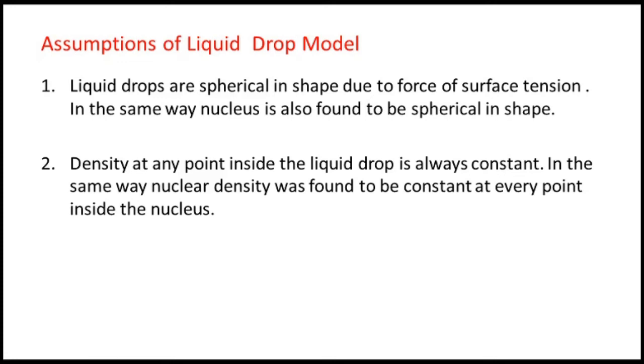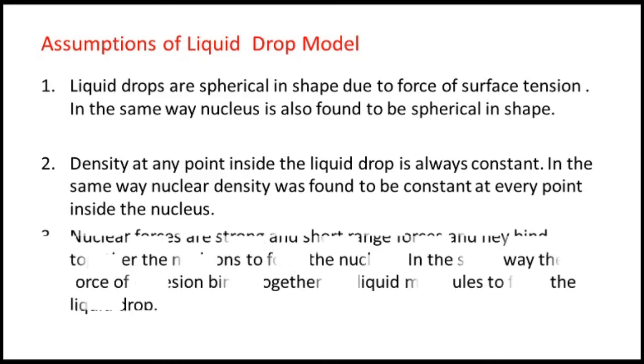It is nearly constant and of the order of 10 raised to the power 17 kg per meter cube. For every nucleus, the nuclear density is nearly the same. So, this is the second similarity: the density at any point inside the liquid drop is the same, and similarly the density at every point inside the nucleus is also the same. Because of this, the nucleus is again considered similar to a liquid drop.